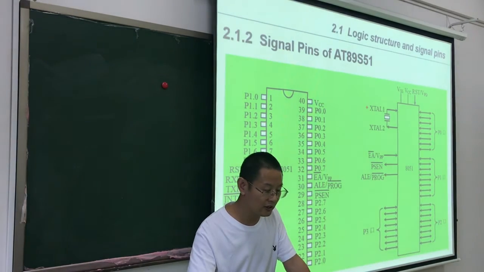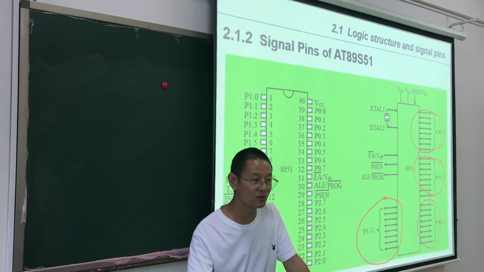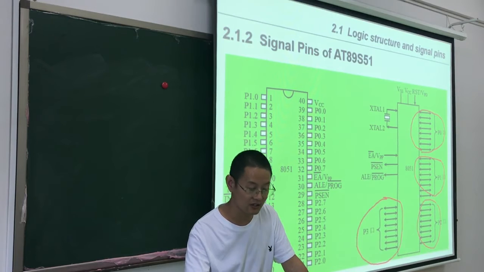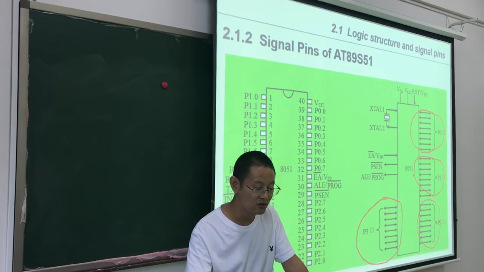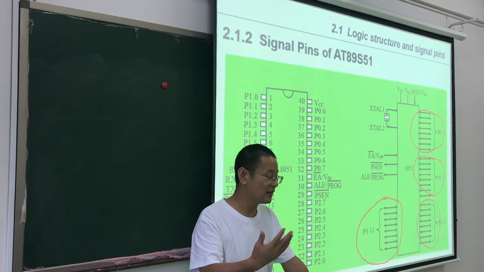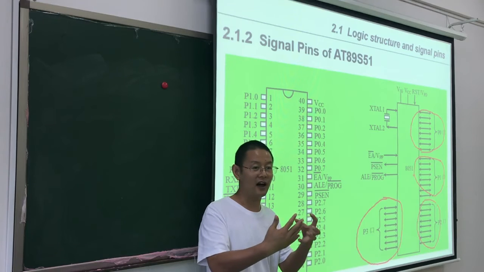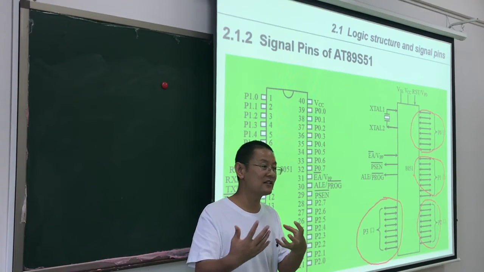When we use the 8051, we use P0, P1, P2, and P3 to interact with devices. Mostly we design the interface with other devices.